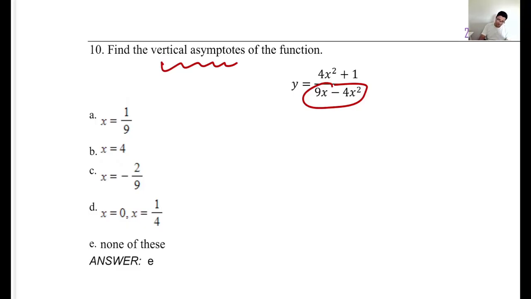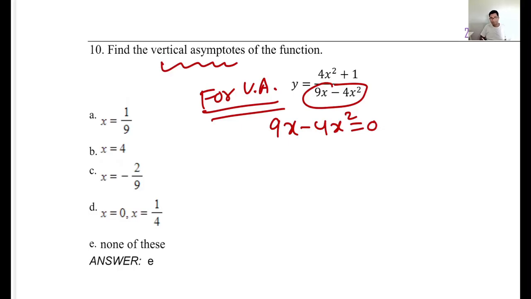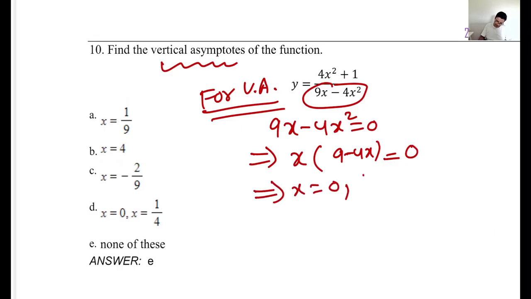So what you do is set the denominator to 0: 9x minus 4x squared equal to 0 for vertical asymptotes. Set that denominator equal to 0 and you factor out x, you get x times 9 minus 4x equal to 0. And when you solve, you get x equal to 0 and 4 over 9.